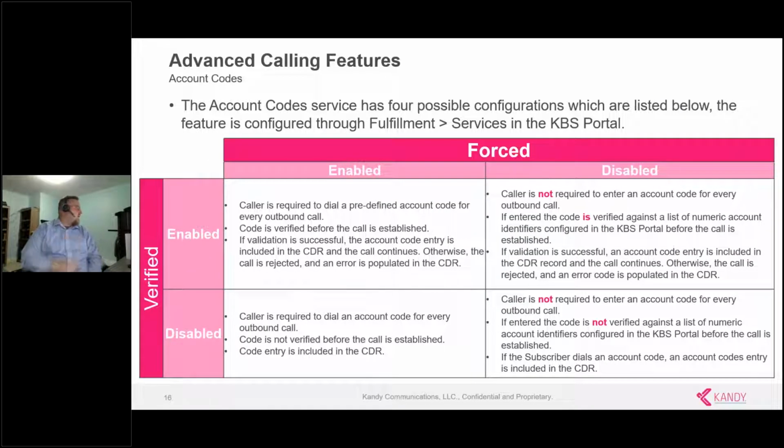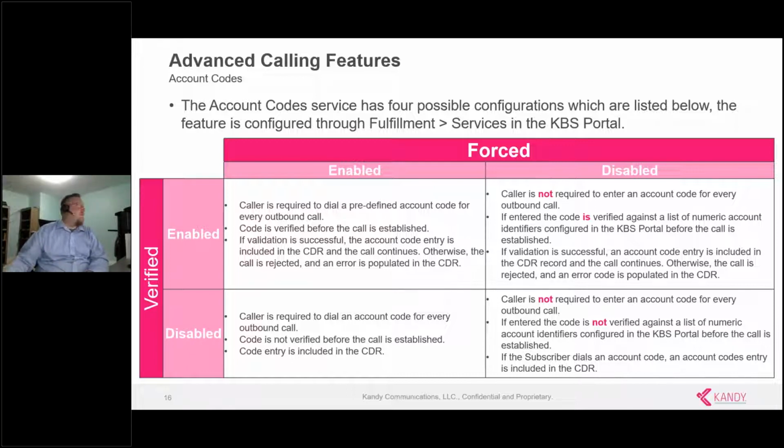On the next slide, I've got a quick matrix, so I'm not going to speak to every possible combination here. Across the top we have forced, enabled versus disabled, and on the left-hand side we have the verified field as enabled or disabled. This shows you how you can combine those various options.